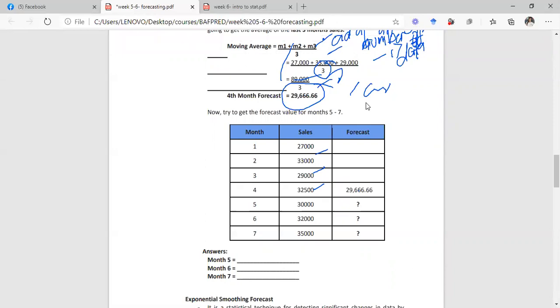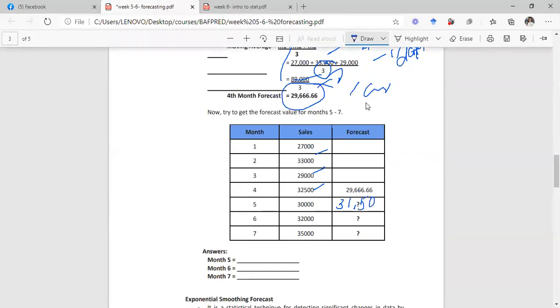We have 33,000 plus 29,000 plus 32,500, which is equal to 94,500, divided by 3 is equal to 31,500. So 31,500 is our forecast for month 5.